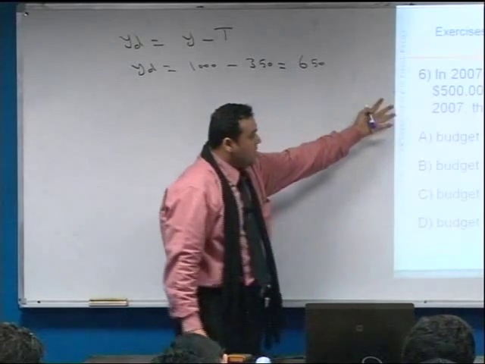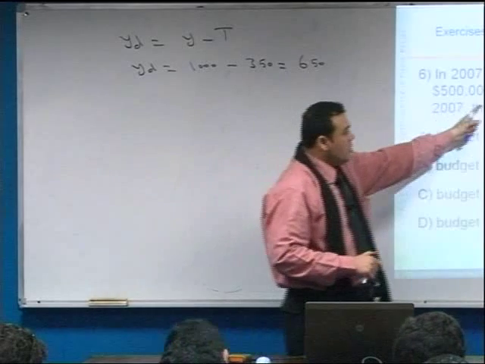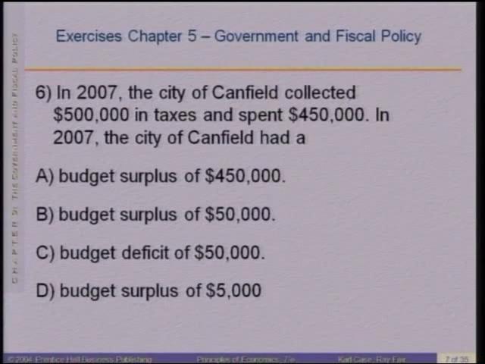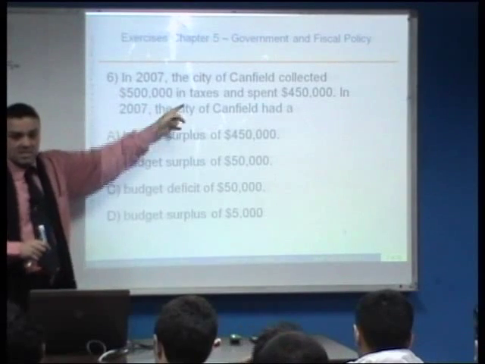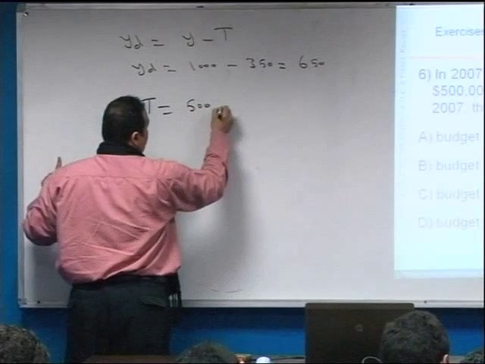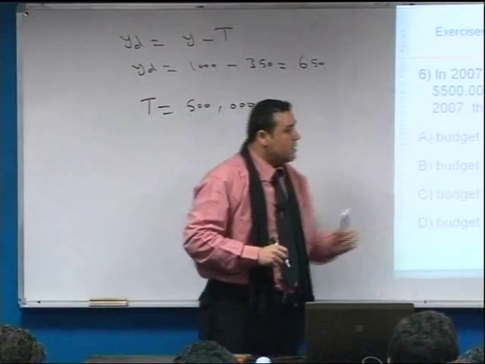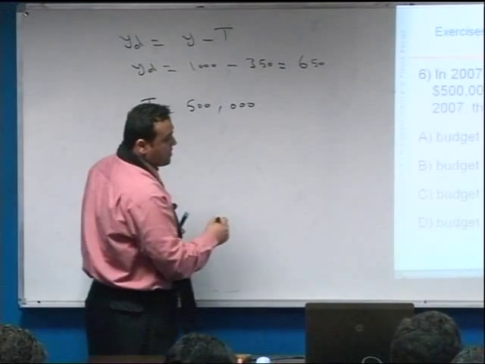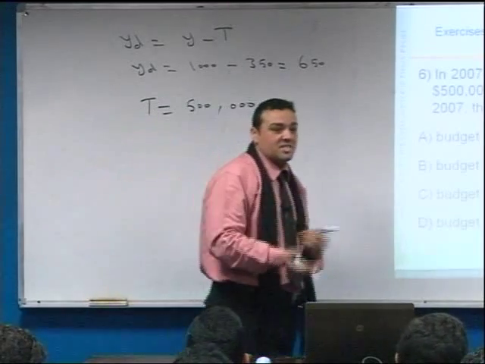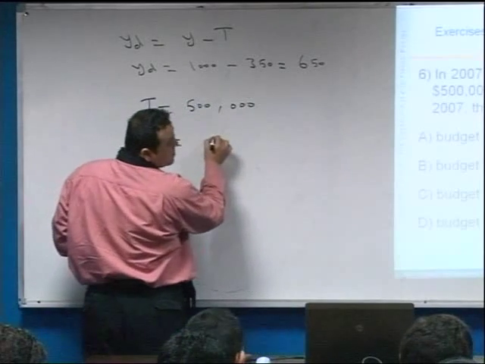In this example, in 2007, the city of Campfield collected $500,000 in taxes. So the taxes, T, equals $500,000, and government spending, G, equals $450,000. Is there a deficit or surplus?